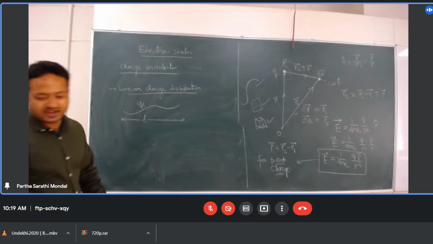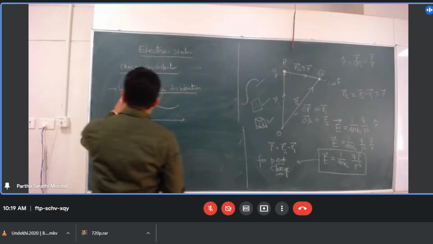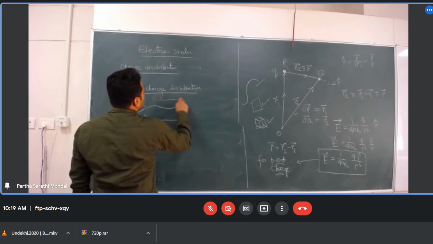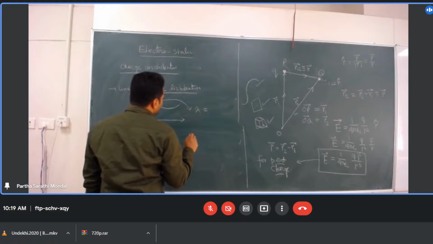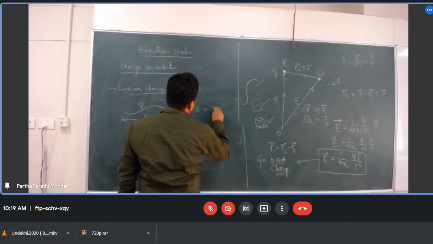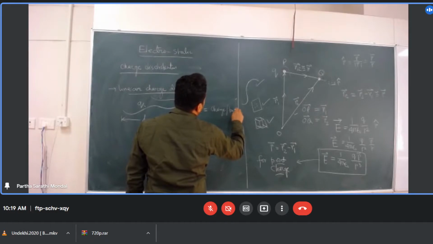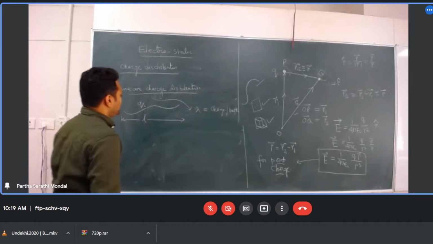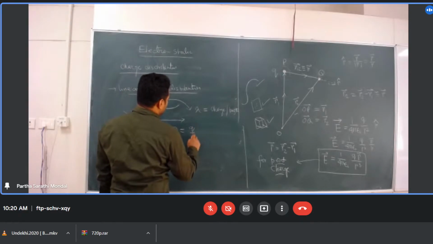So what is the charge density? मतलब charge per length, इसको बोलते हैं linear charge distribution. Charge per length, इसको हम लोग lambda बोलते हैं sometimes. मतलब यूनिट लेंथ में कितना चार्ज है. So this is nothing but Q divided by L.